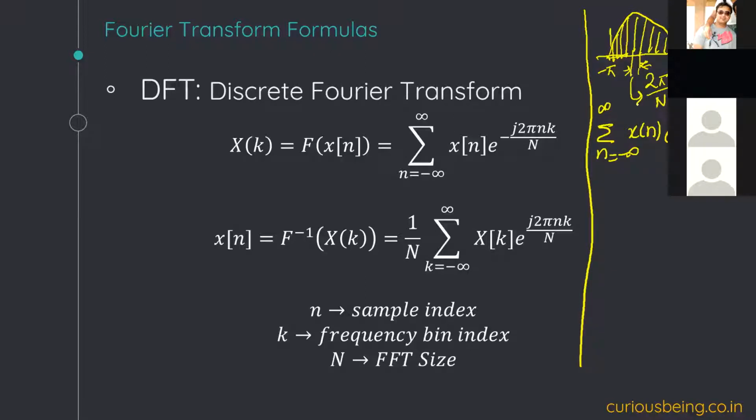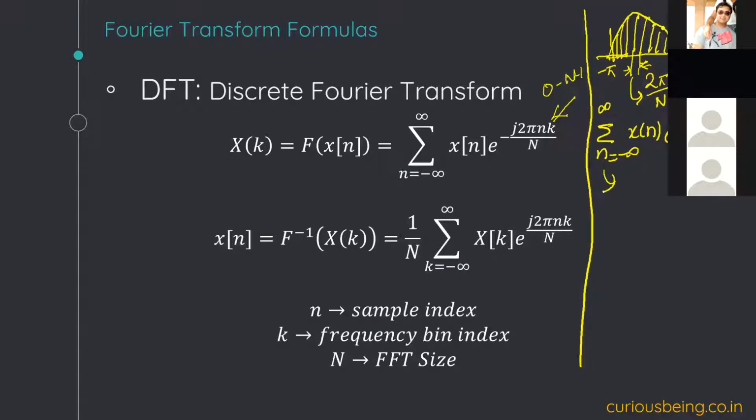Yes. Now let's assume that to represent each individual bin, we take one variable k. It is a running variable ranging from 0 to n minus 1. That's how I can represent each bin.